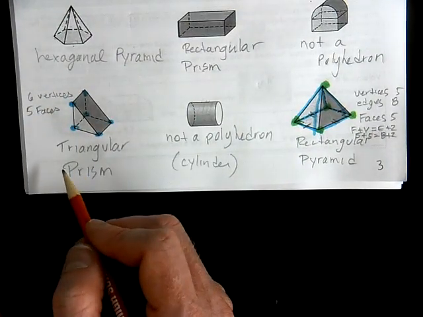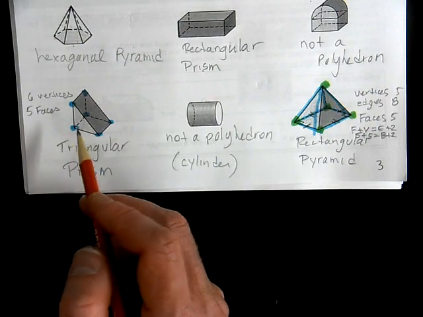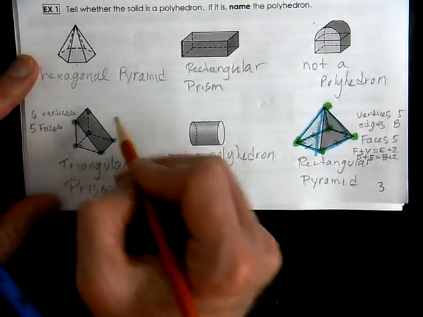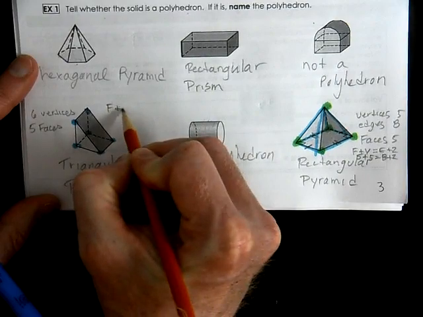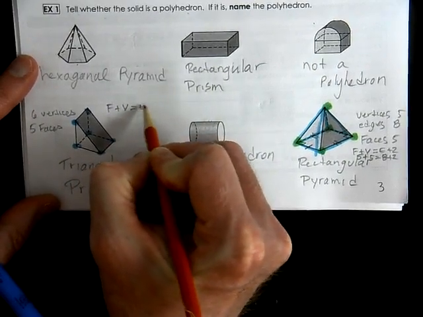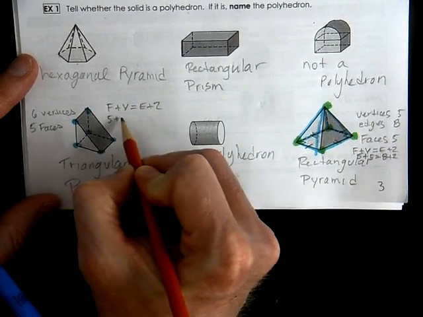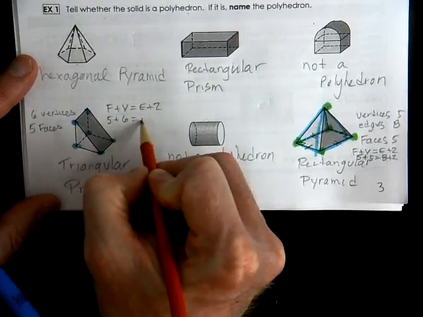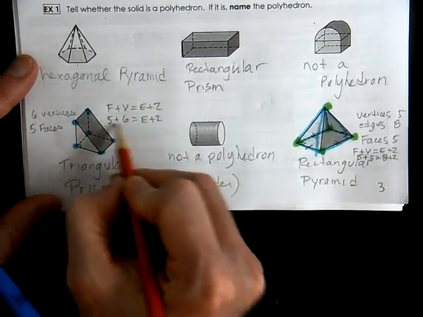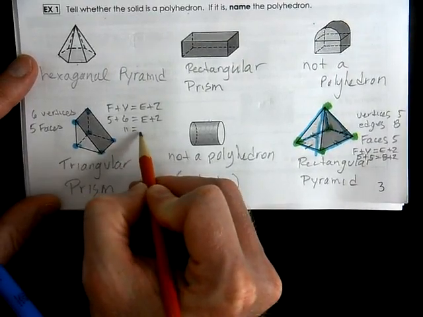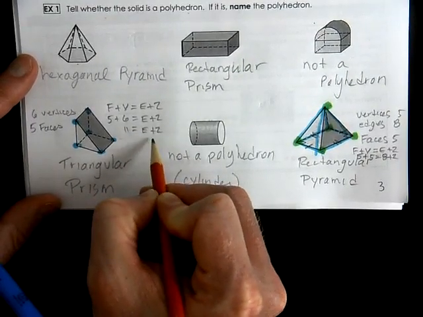We can calculate the number of edges using our formula, F plus V equals E plus 2. We had 5 faces and 6 vertices, so 11 equals E plus 2.